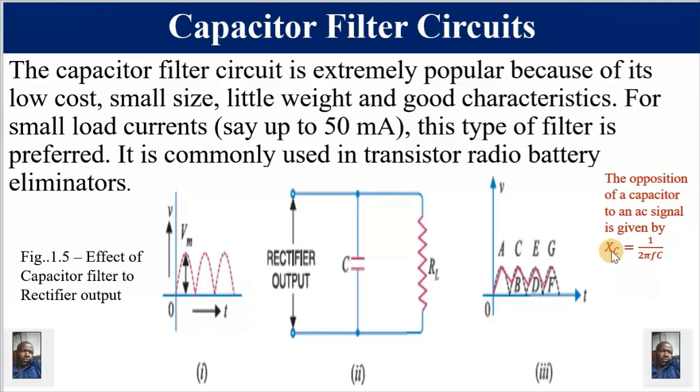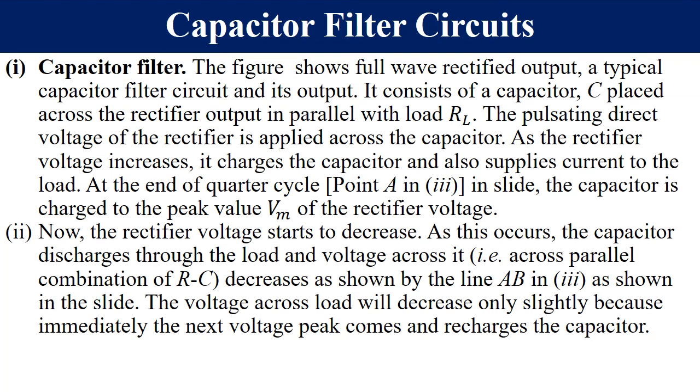We are saying some AC components will not get to the load. Why? Because they will be shunted to ground. They will go to ground. They will not go to the load. Hence, we have filtered out high-frequency AC components because they will not get to the load. Please take note of this. Operation of capacitor filter.